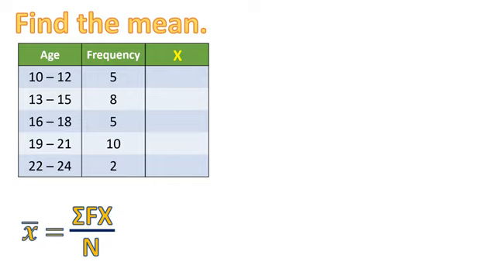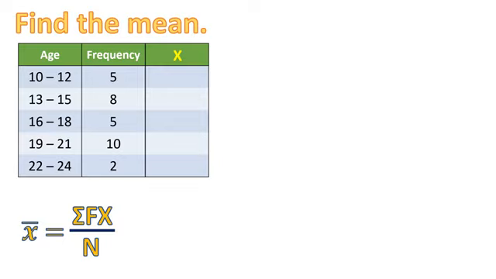And the class mark, or the x, is actually the middle number of the interval from 10 to 12, 13 to 15, and so on. Or you can just add 10 and 12 and then divide by 2. That's the shortcut in finding the middle value of an interval.